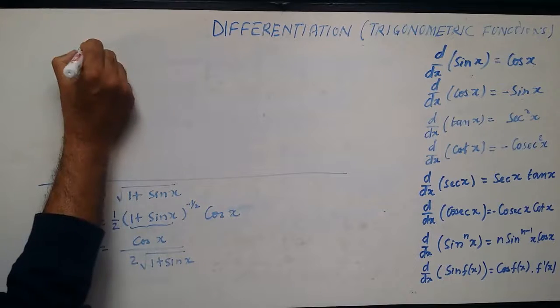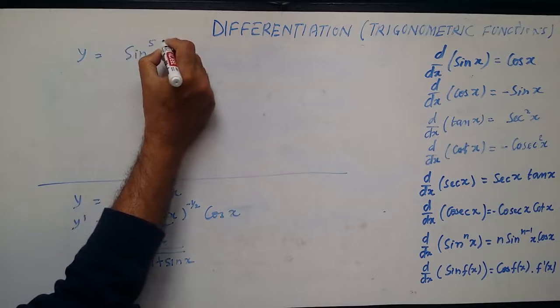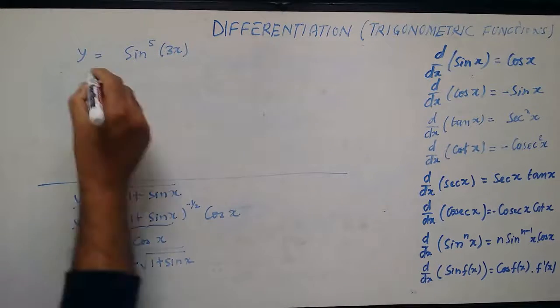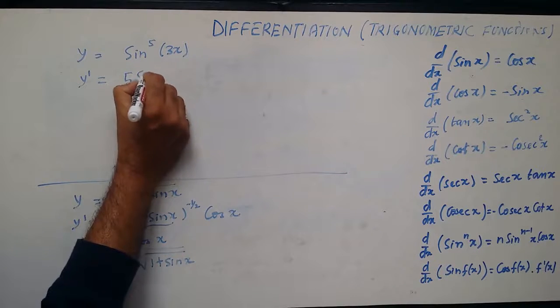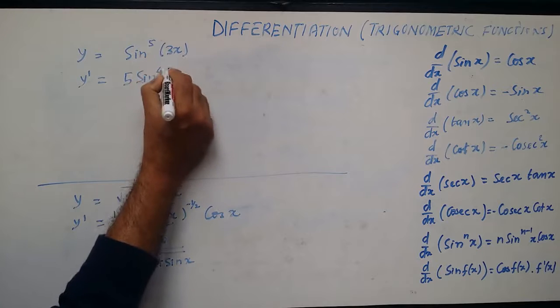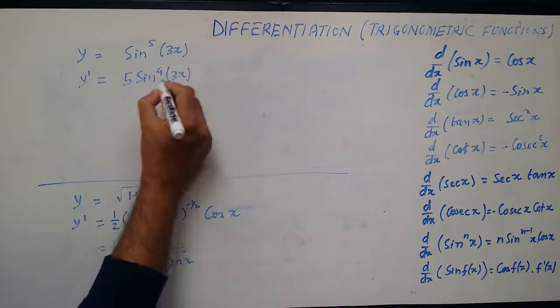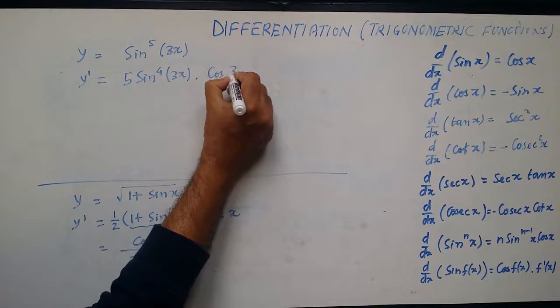So let's take another example. Y is equal to sine to the power 5 of 3x. Now we will be applying this rule. So the differential of that is 5 sine to the power 5 minus 1, that is 4, of 3x. Then the differential of sine 3x is what? Cosine of 3x.